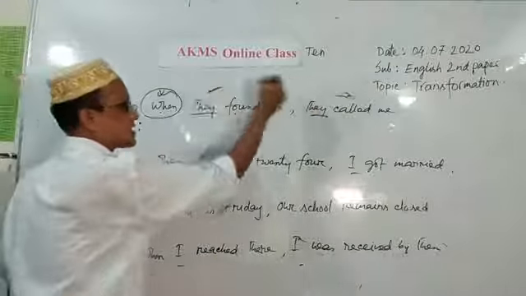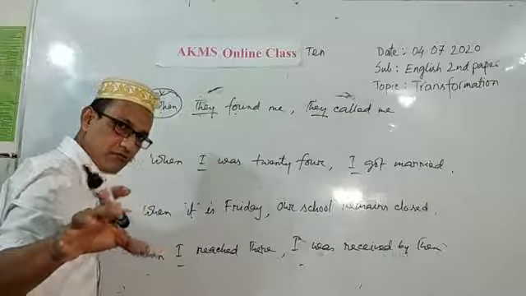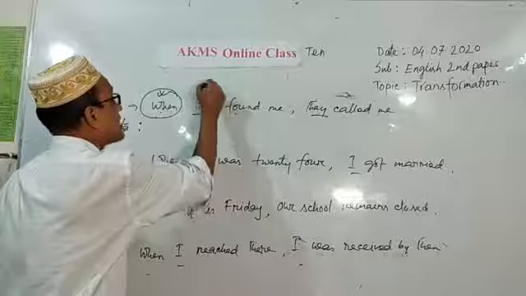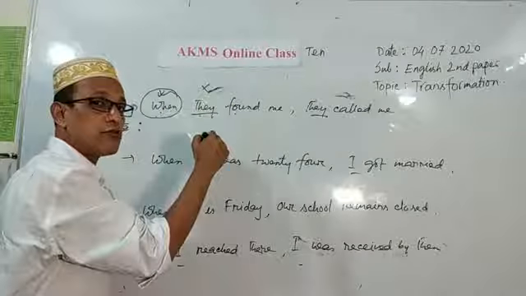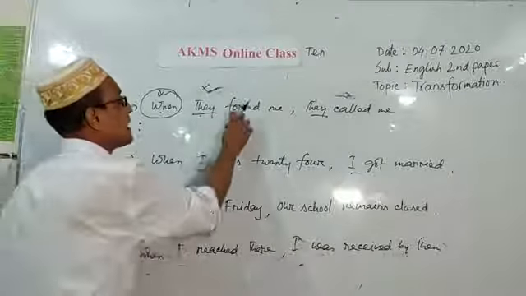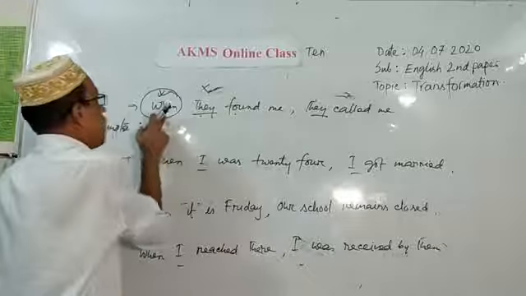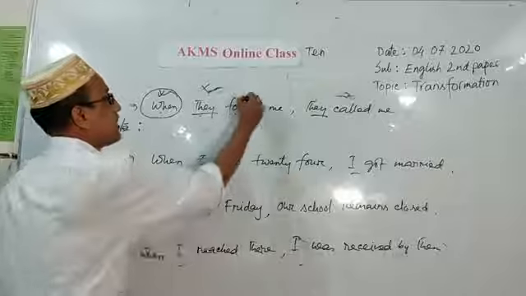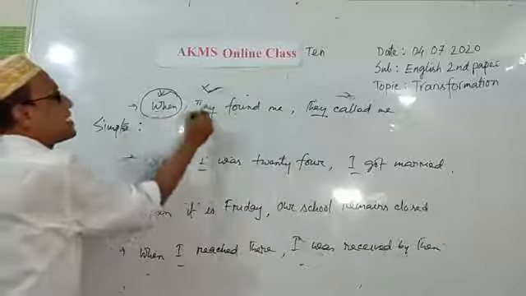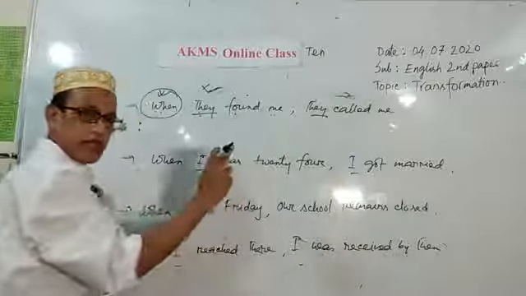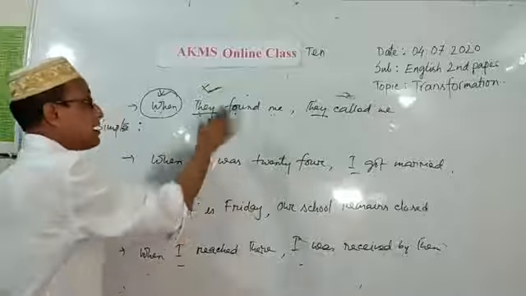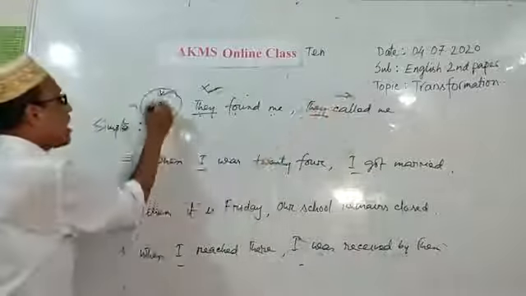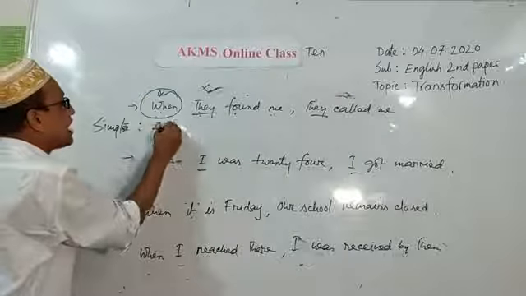As both the subjects are the same, I can erase the subject of the subordinate clause. Then found. When indicates the time of finding me. When they found me, they called me. First they found me, then they called me. So I will write after.